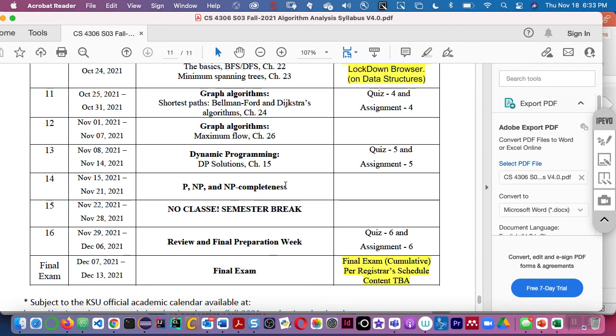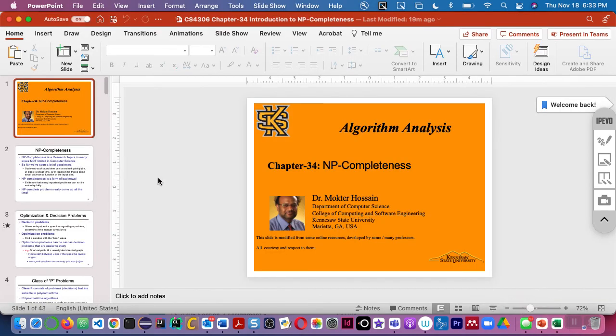So today's and last topic is NP Completeness. It is an interesting topic and an important topic. It is not only for computer science. It is in many research areas: computer science, math, statistics, business, religion, politics, whatever you say, or medical science.